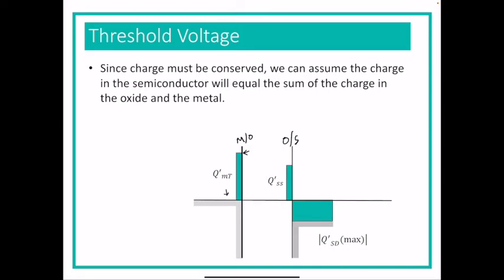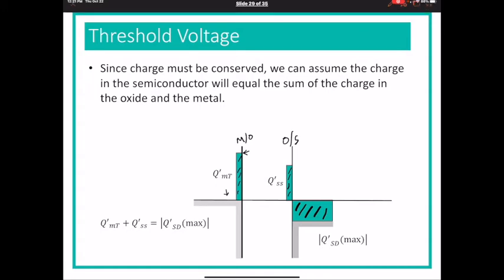So the charge is basically at the surface of both of these at this junction. And then there's going to be charge stored in the semiconductor, and that's going to be stored down here. And we can assume that the charge in the metal and the oxide are going to equal the charge in the semiconductor. And we know how to calculate the charge in the semiconductor because we already did that.